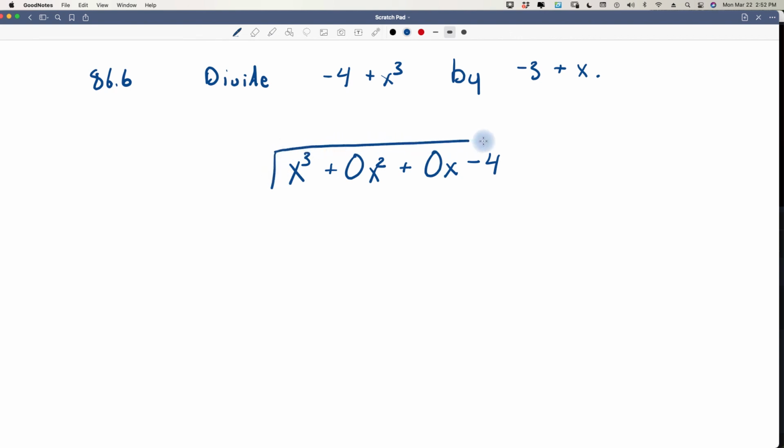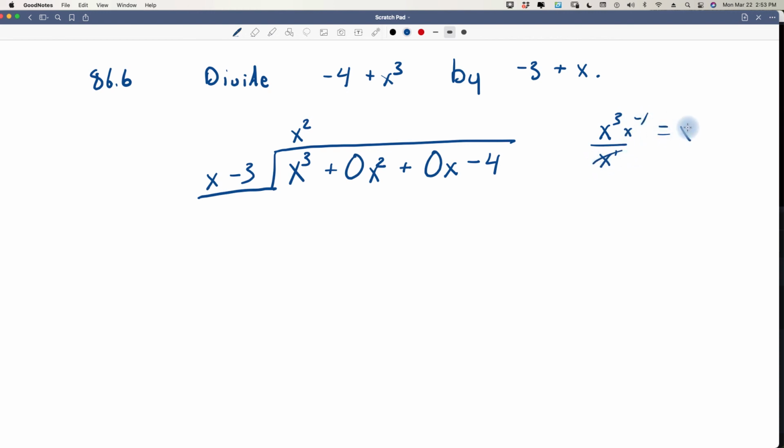Now we're going to rewrite this in descending order of the variable. And that's going to be x minus 3 yet again. All right, so x goes into x cubed, x squared. And we got x squared by doing the x cubed over x. That's a 1. You bring it up here, it becomes x to the negative 1.